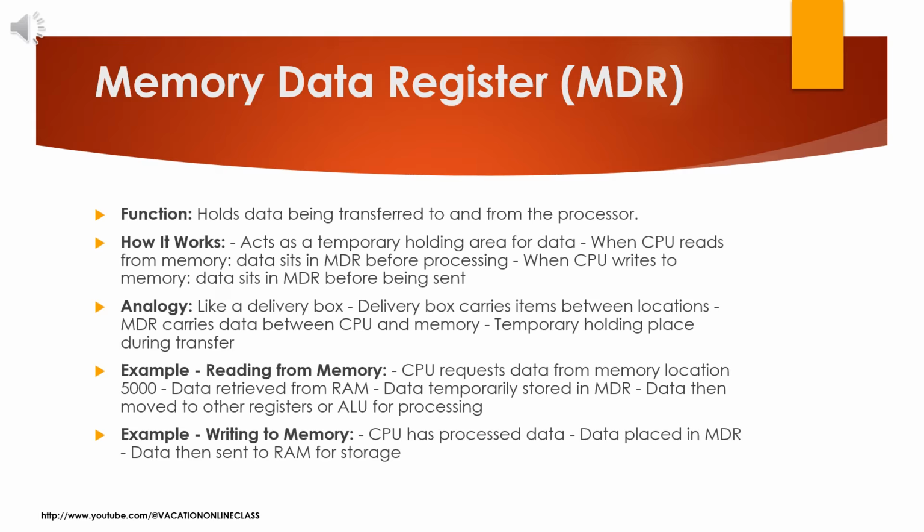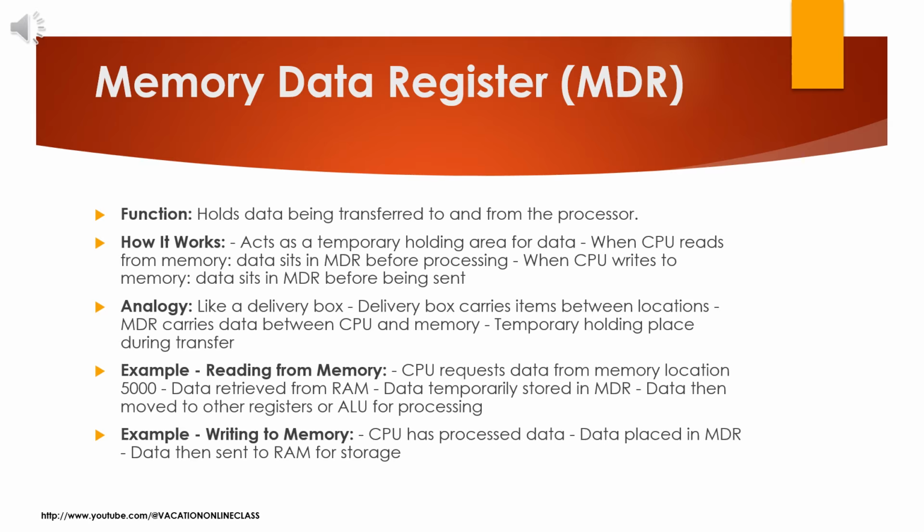How it works is quite simple. It acts as a temporary holding area. When the CPU reads from memory, the data sits in the MDR before it is processed. Conversely, when the CPU writes to memory, the data is placed in the MDR first before being sent out to the RAM.